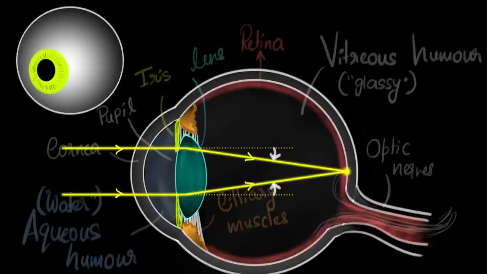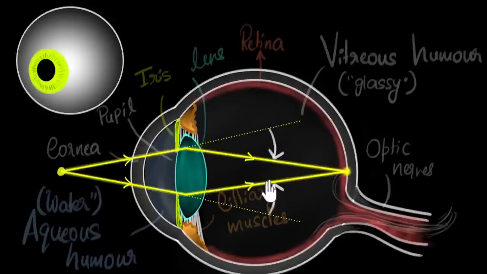But when the objects come closer, since the required power is more, the ciliary muscles will start pushing on this lens to increase its curvature, as you can see. Like this. I've exaggerated the figure over here. It'll push on the lens, increase the curvature, and as a result, it will increase the optical power. And that's how, depending upon the distance of the object from our eyes, the curvature of the lens will keep changing.